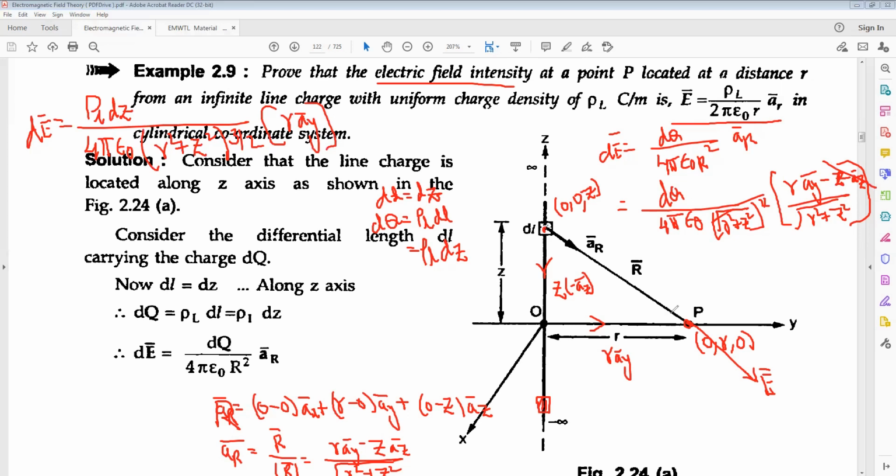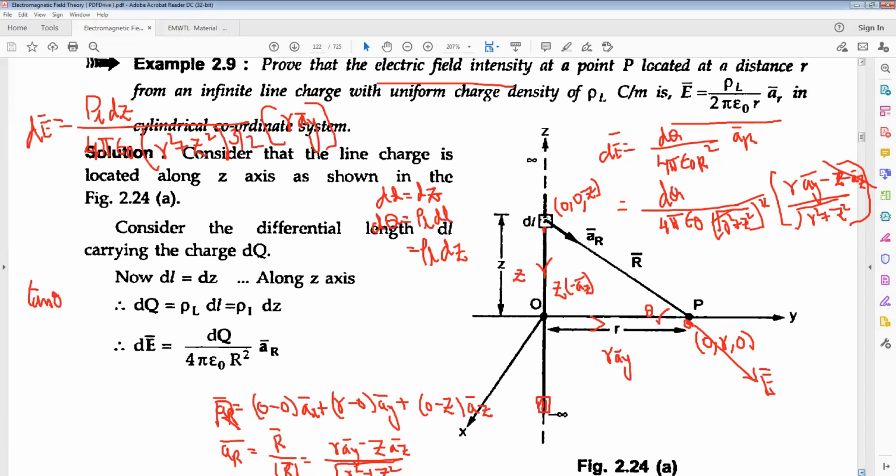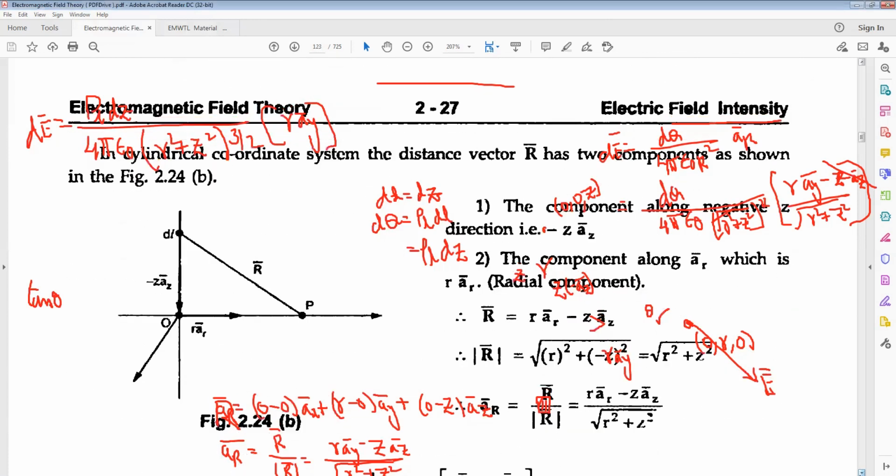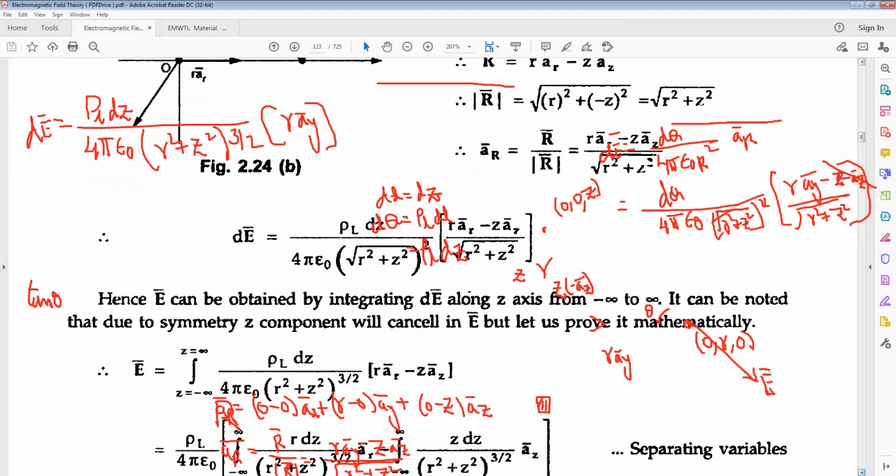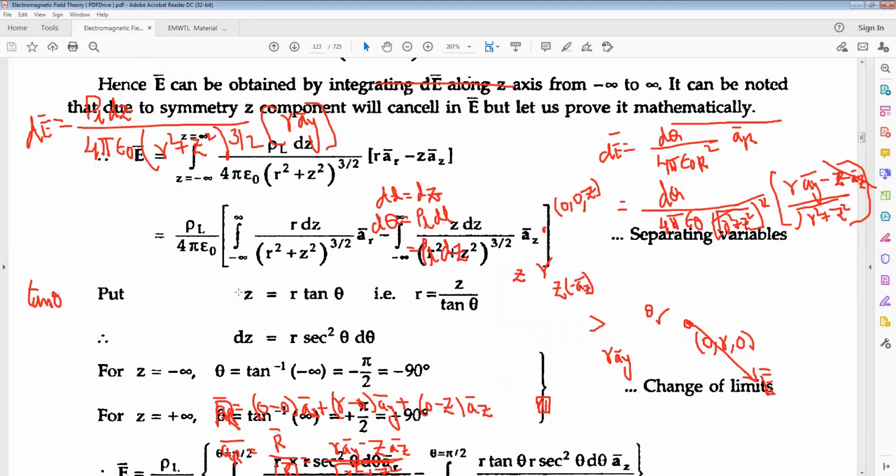And now let us assume here the theta, the opposite side is Z and the adjacent side is R. Tan theta is equal to Z by R only. The theta is the same.